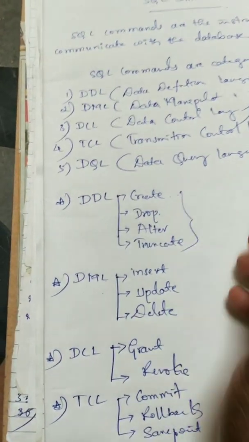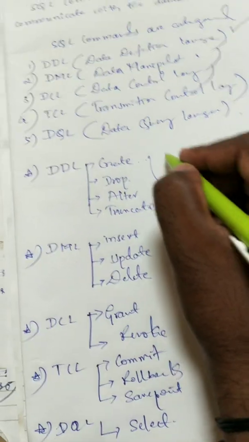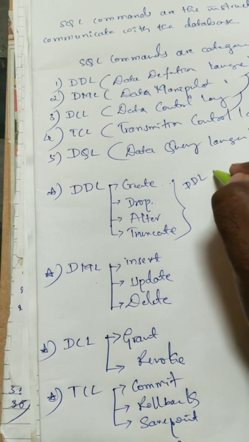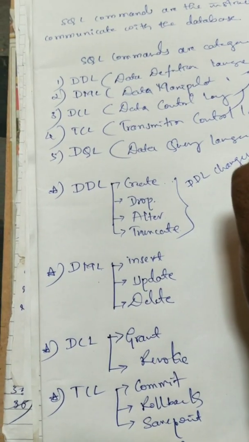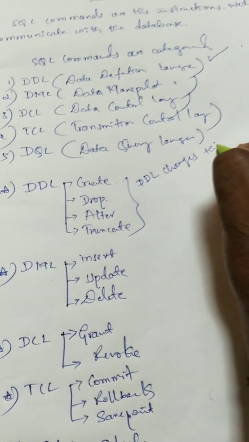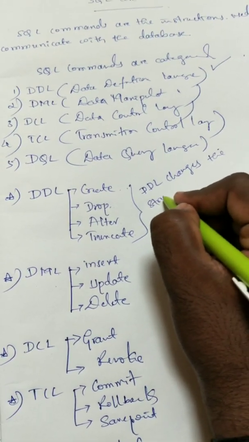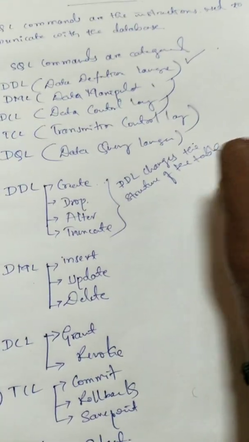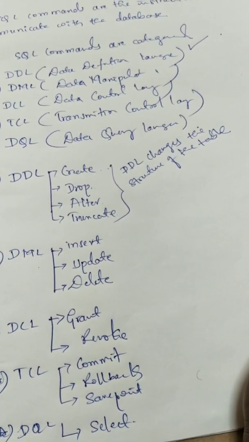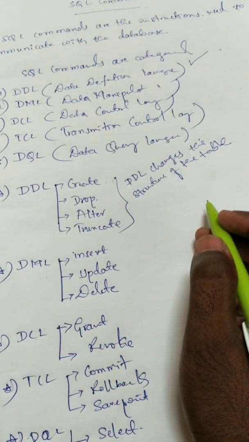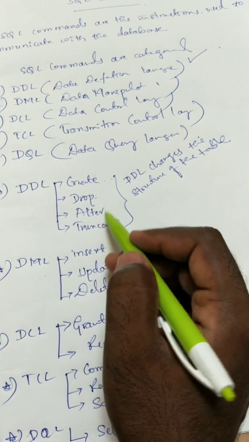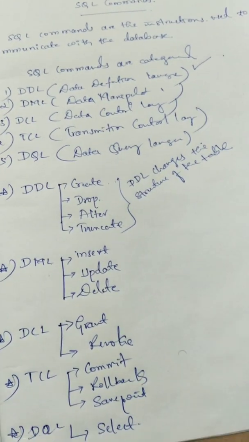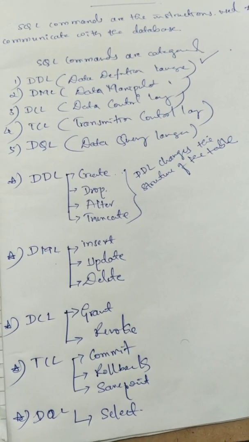Here I will write: DDL changes the structure of the table. Okay, to change the structure of the table, we should use create, drop, alter, and truncate. All the commands of DDL are auto committed.